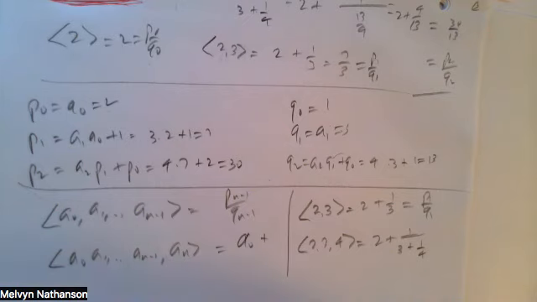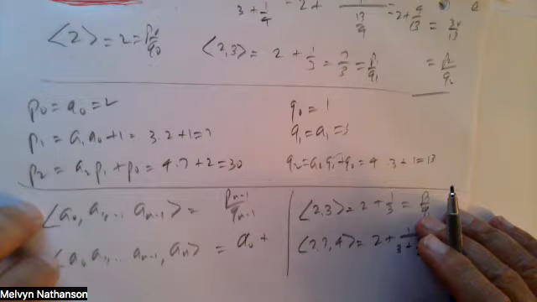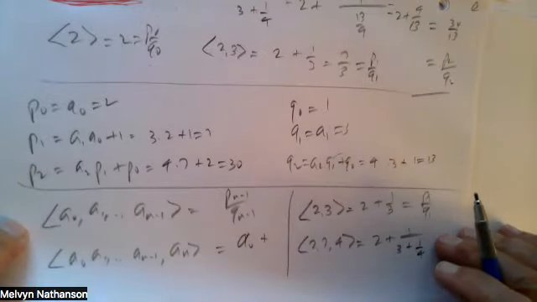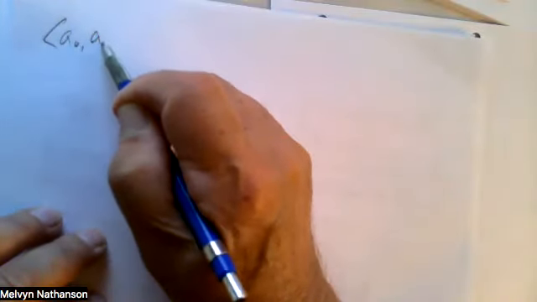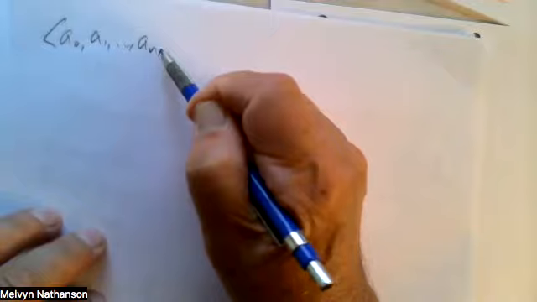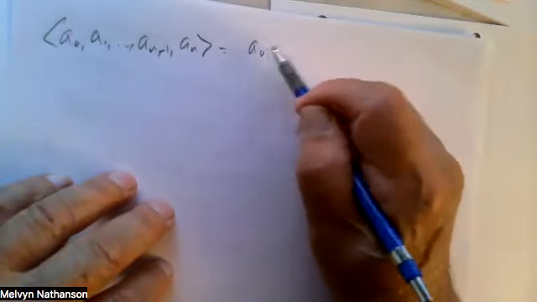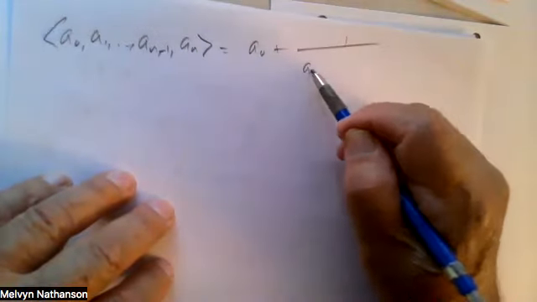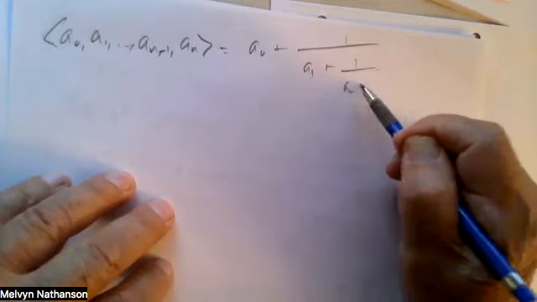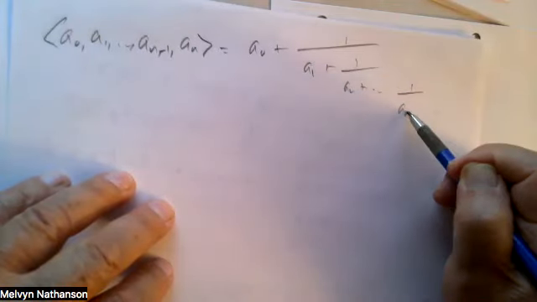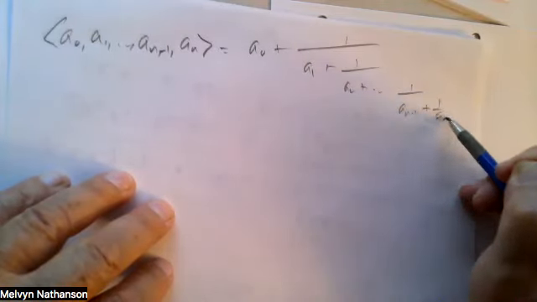So one way to see this is the following. If I have A0, A1 up to A sub n minus 1, A sub n, these can be any numbers. They don't have to be integers. This is A0 plus 1 over A1 plus 1 over A2 plus 1 over An minus 1 plus 1 over An.